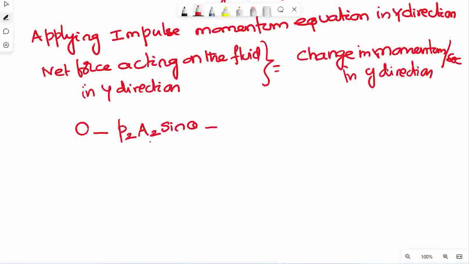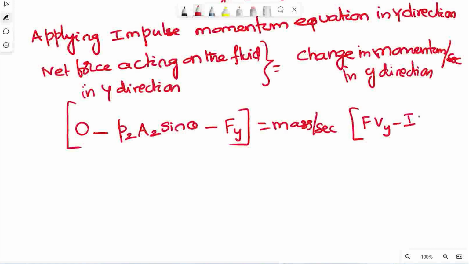And then second, the pressure at the second section is already acting in the inclined direction, so the components we have taken. Whereas the third one is the force by the bend on the fluid. The force by the fluid on the bend is in the upward direction. Therefore, the force by the bend on the fluid is in the opposite direction. So this is equal to mass flowing per second into final velocity in y direction minus initial velocity in y direction.